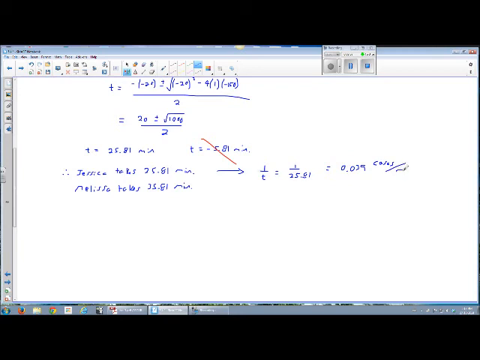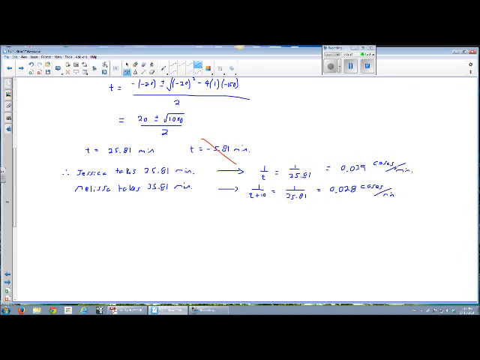And Melissa was 1 over t plus 10, which is 1 over 35.81, and simplifying that, we get 0.028 cases per minute. And as you can see, Jessica works faster, therefore she's got more cases filled per minute than Melissa did.